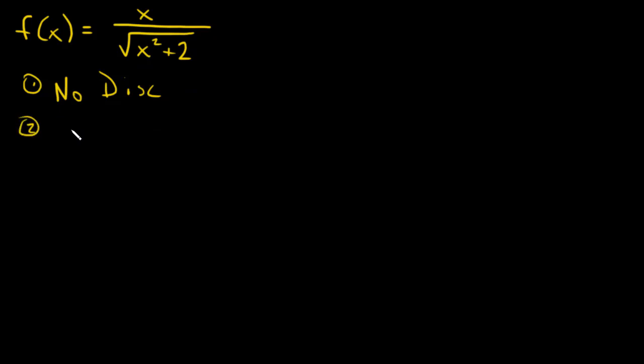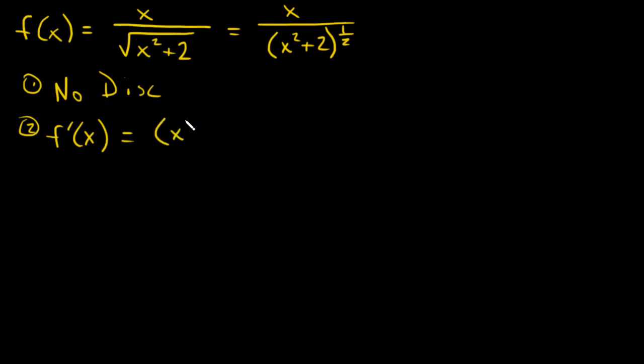And then for the second one, if I'm looking at the derivative of this, well, before I do that, I'm going to do a rewrite because it's going to make my life easier. x over (x squared plus 2) to the 1/2 power, like that. So f prime of x is going to be the bottom, which is (x squared plus 2) to the 1/2 power, times the derivative of the top, 1, minus the top, x, times the derivative of the bottom.